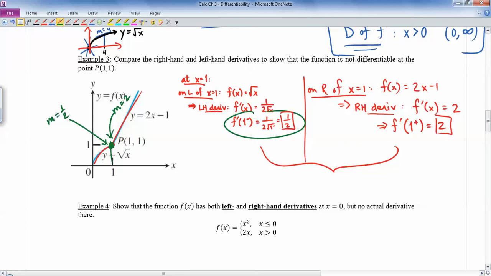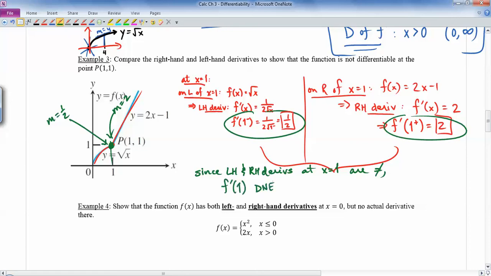It's very similar to the continuity definition. Well, this doesn't have that. So what I would write is, since the left-hand and right-hand derivatives at x equals 1 are not equal, f prime of 1 does not exist.